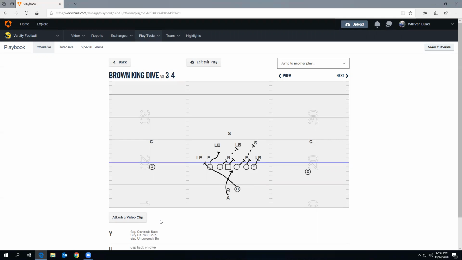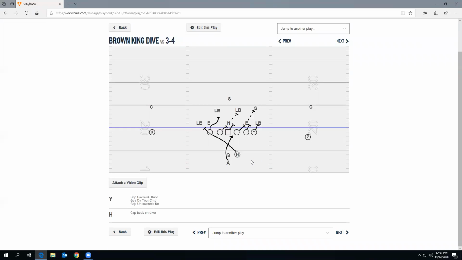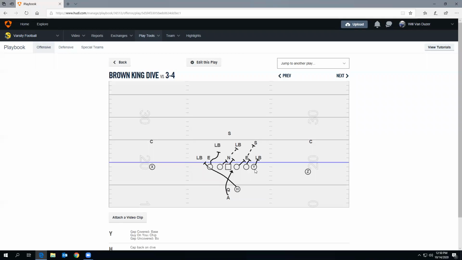Now, if there's no one in your gap or on top of you, you have what's called a bow, which means you just check your gap. You're just going to take a shuffle step over, check your gap before you work up to the second level, and you're working up to the next play side back or whoever that might be. Okay, so base, chip, bow. That's your progression. Gap, on, play side backer.